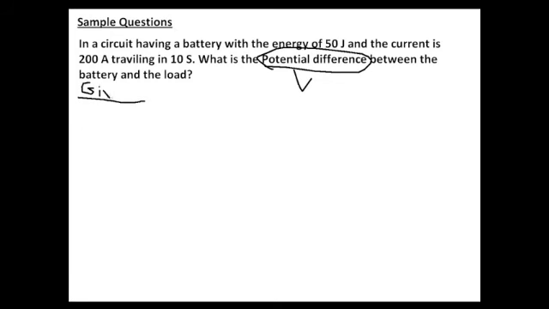So first, let's find out what we're given. Let's read over the question. In a circuit having a battery with the energy of 50 joules. So we know J is the unit for energy. So energy equals 50 joules. And the current is 200 ampere traveling at 10 seconds. So we know the current is 200 ampere.